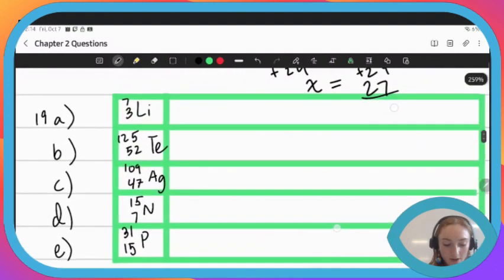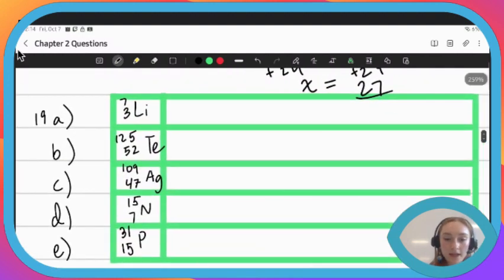Okay, so now let's look into 19A. We're going to be going over identifying how many protons, how many neutrons, and how many electrons are in each of these examples. So for 19A, we have lithium, and the mass number is 7 here, and the atomic number is 3. So we know right off the bat that the atomic number is the amount of protons.